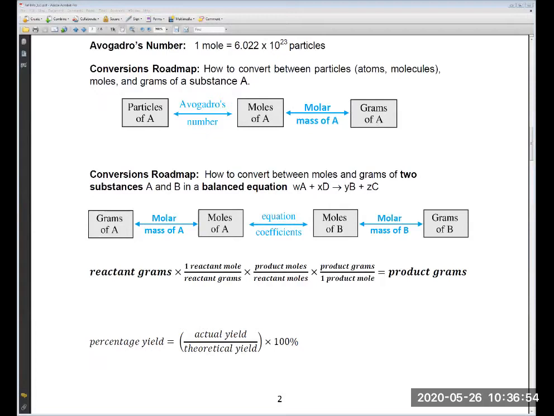It's what, in theory, you should get, right? But very often the amounts we get are smaller. So that's why we have an actual yield that is usually smaller than the theoretical yield. So times 100, and that tells you how much of the product you actually got.